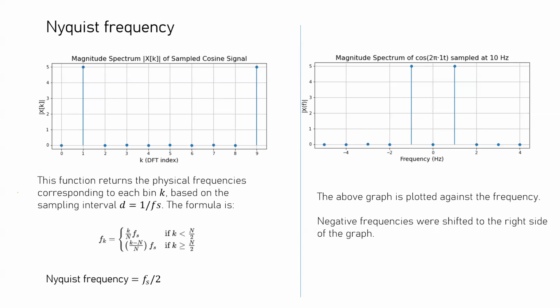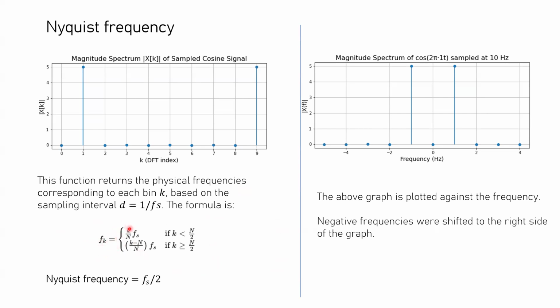So we have this magnitude spectrum, and how do we convert these indices into the relevant frequencies? Because we need to analyze the frequencies, not the indices. So this is the formula to find the Fk frequencies.